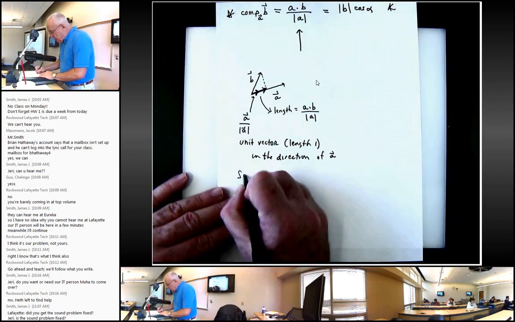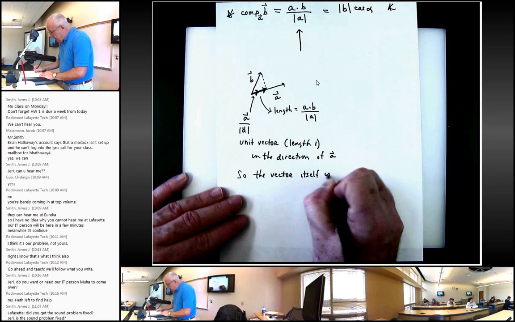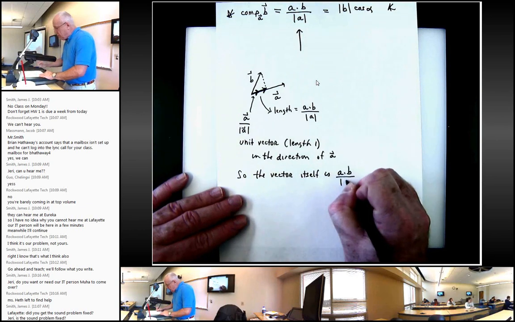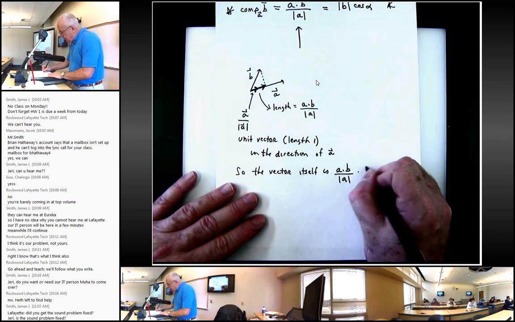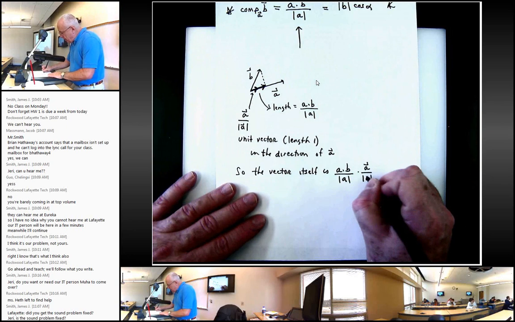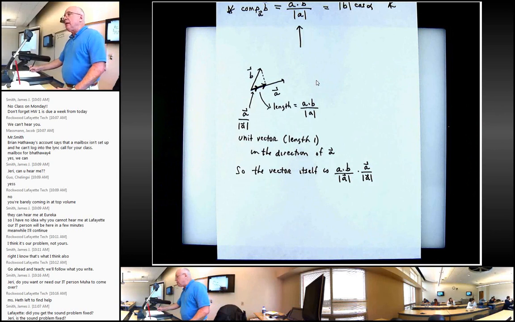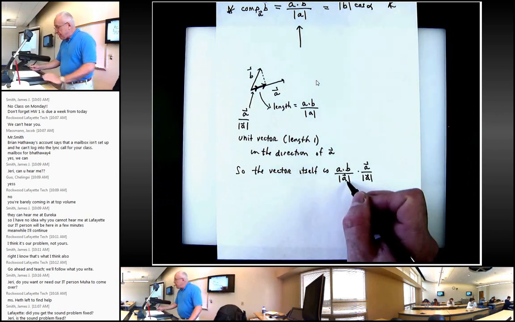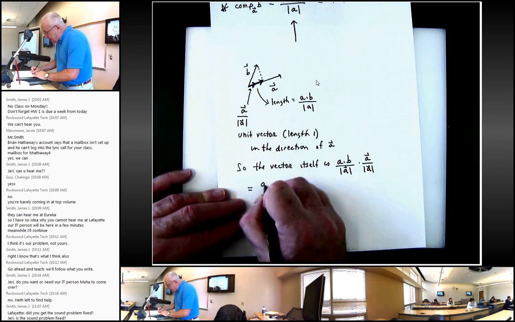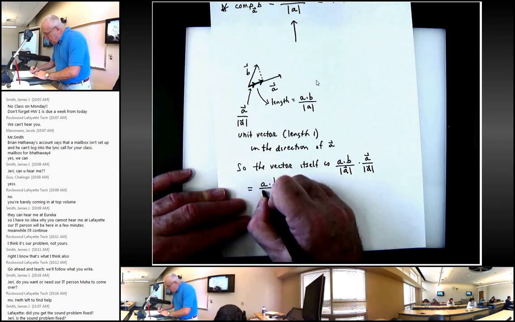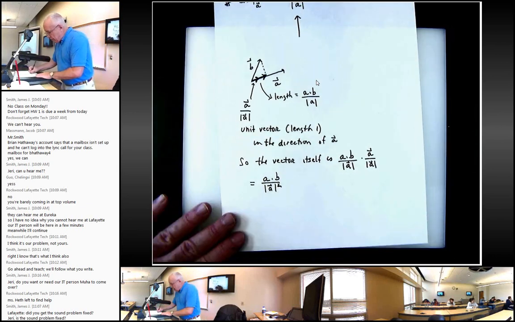So the vector itself is A dot B over the absolute value of A, that's its length, times that unit vector going in the direction of A. I can simplify this a little bit because in the denominator I've got magnitude of A times magnitude of A, so the vector is A dot B, that's a scalar, over the magnitude of A squared times the A vector.